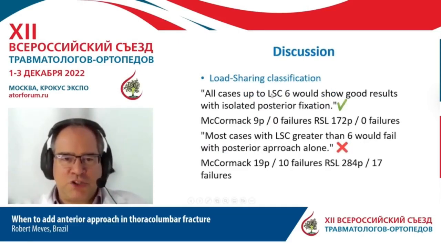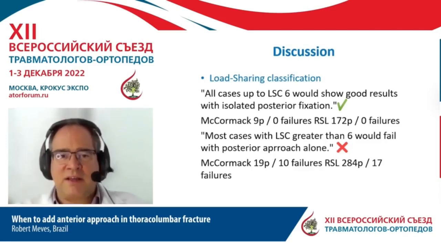By using the load sharing classification, we can observe that all cases up to load sharing 6 showed good results with isolated posterior fixation. So we don't need to add an anterior approach in these patients. However, when load sharing is more than 6, the results are unpredictable.